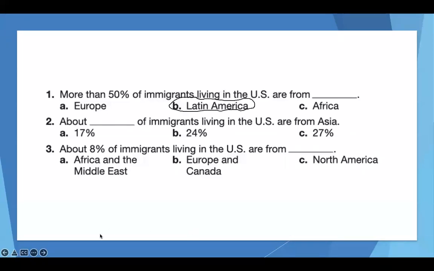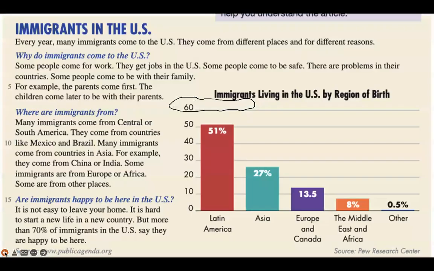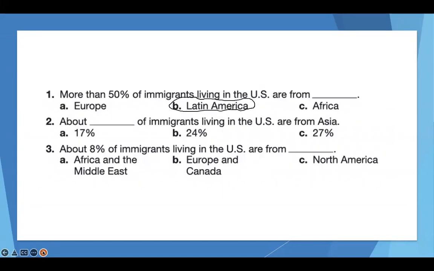Ooh, I might need to look to remember this one. Looks like 27%. All right, and the last question, about 8% of immigrants living in the US are from A, Africa and the Middle East, B, Europe and Canada, or C, North America.